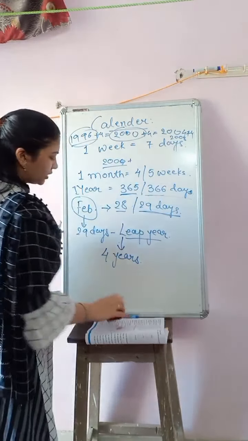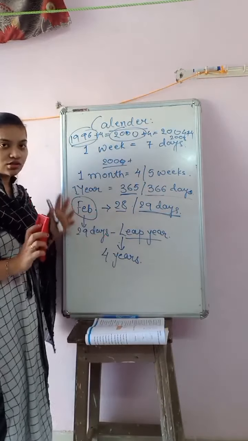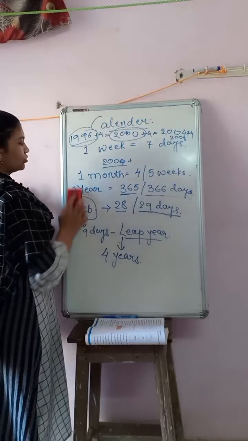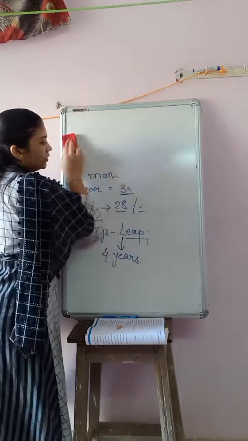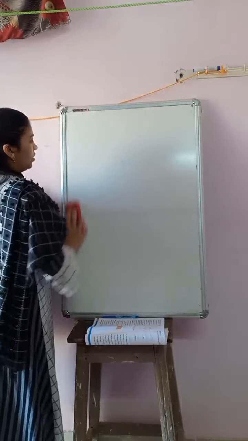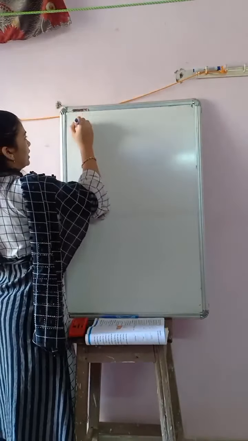Now how can you write any date? I will always send these notes to you, so don't worry if you are not able to write anything. Okay, how can you write dates?